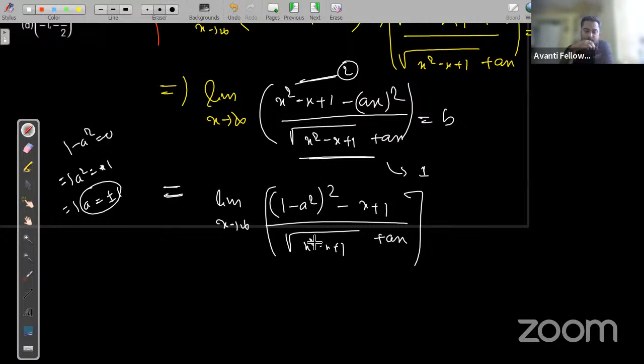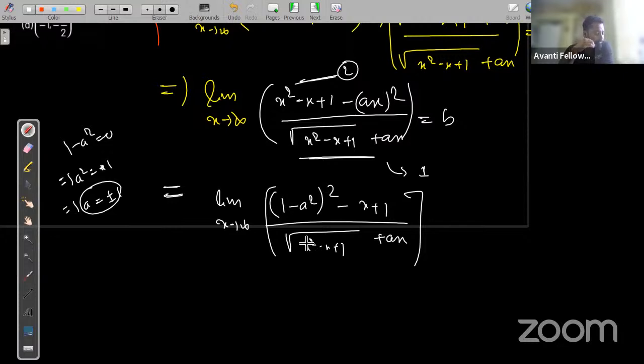Right. We will put 1 minus a whole square, so a square is equal to 1, and this will be 0. So if you put a equal to plus or minus 1, it will be 0. Okay, this is x square, x square.